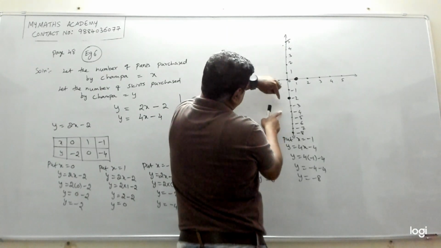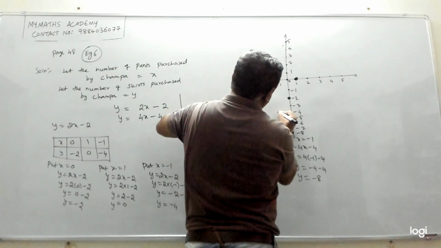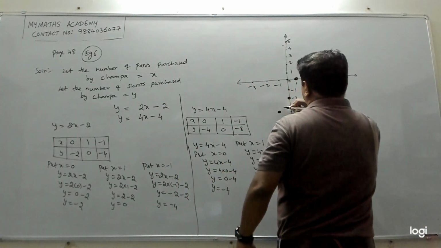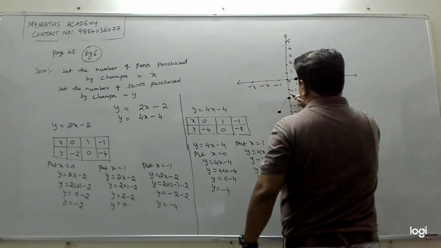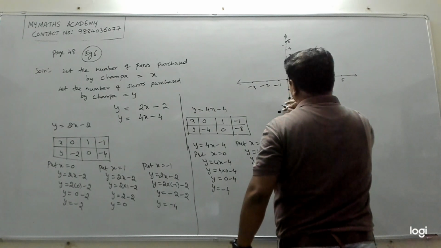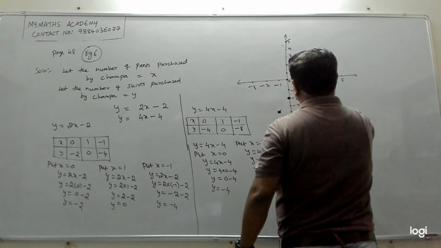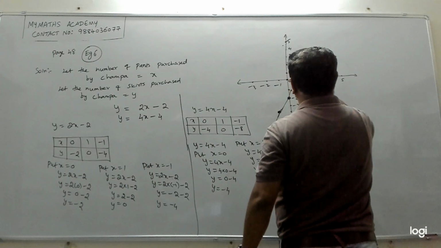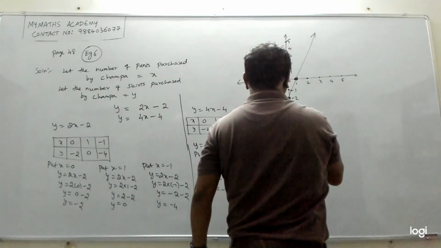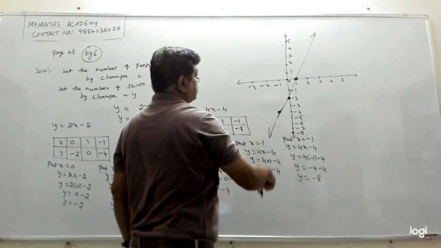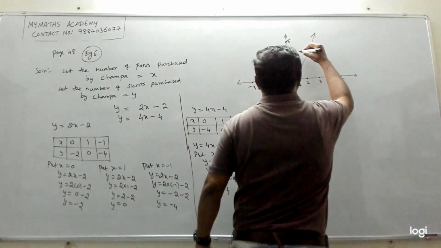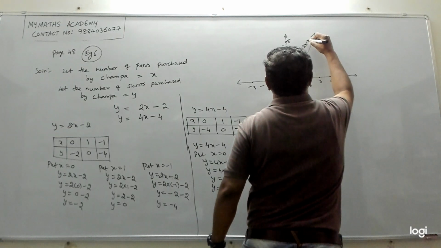So minus 1 and minus 8 will meet here. Now join all these three. Fine. So this is the line. This is the graph of this equation y equal to 4x minus 4.